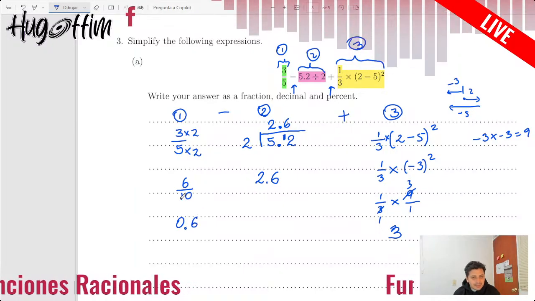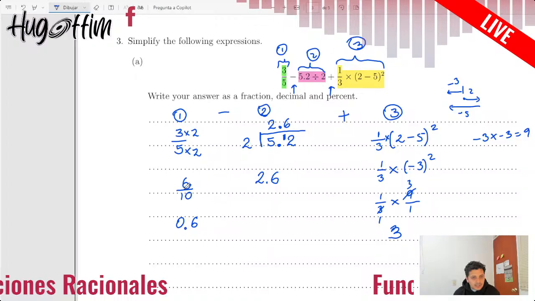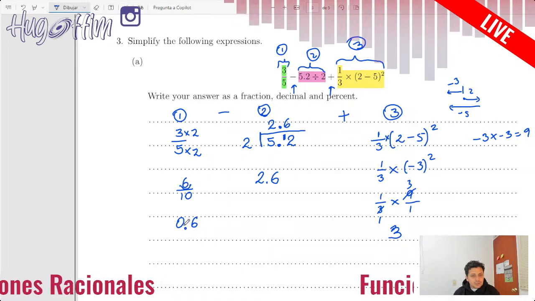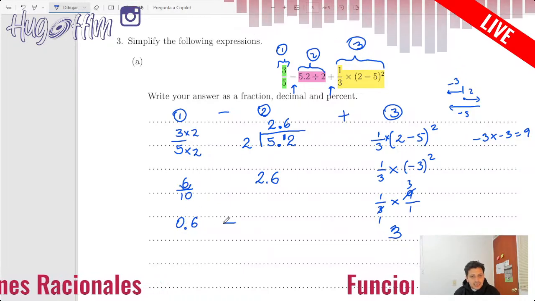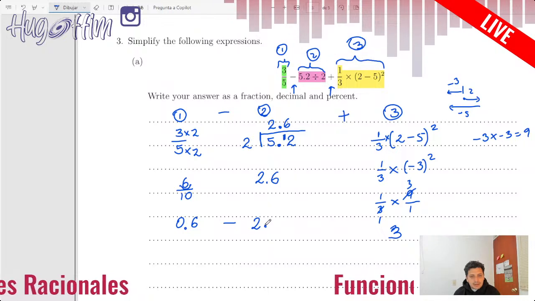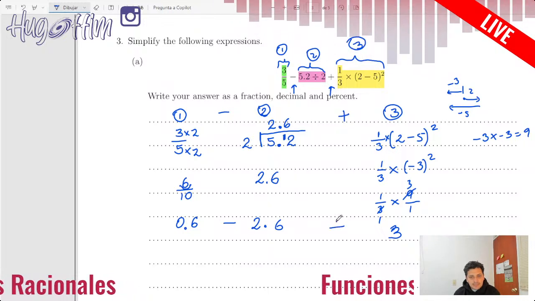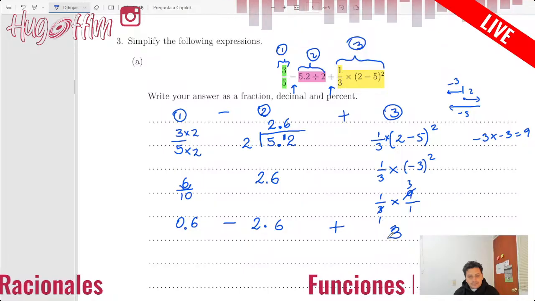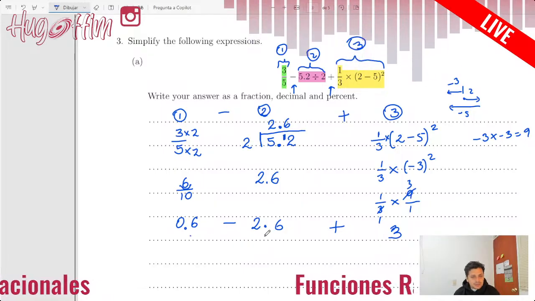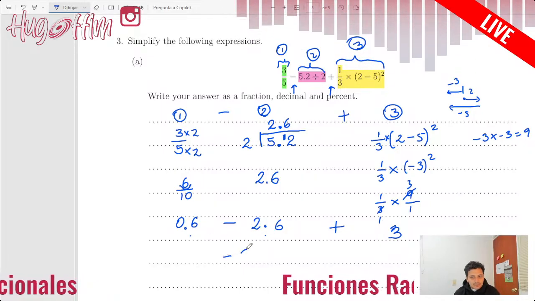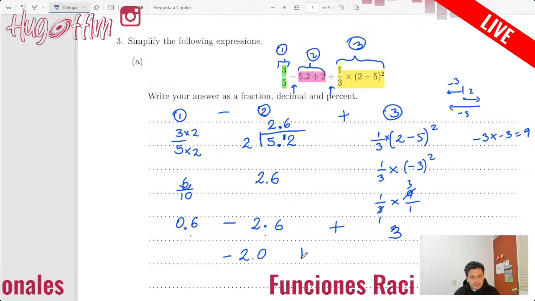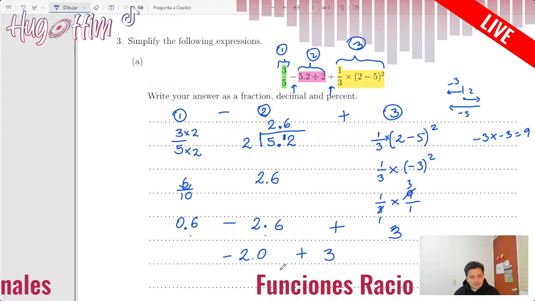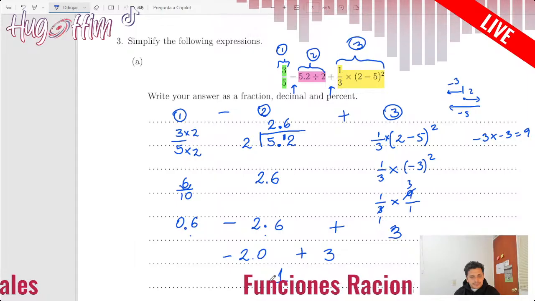Remember that I divided by 10. I moved the decimal point once to the left. So it's going to be 0.6. So essentially what I have to do is 0.6 minus 2.6 plus 3. Now 0.6 minus 2.6 is going to be negative 2, plus 3. Negative 2 plus 3 is 1.